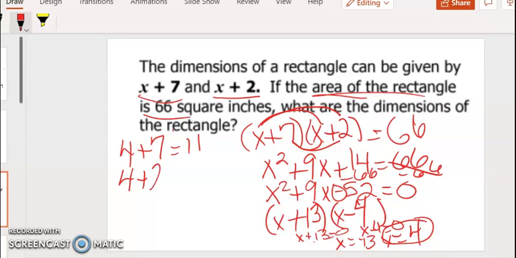The other dimension is a 6. So 11 times 6 gives you 66. And that was our area. So it's a matter of setting up the problem correctly. And if you need to draw a picture, I would draw a picture.